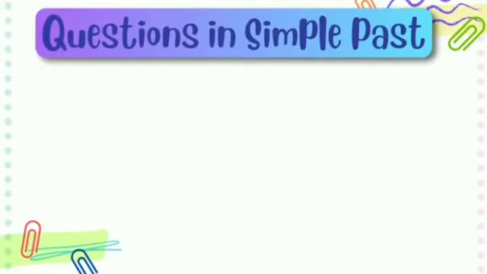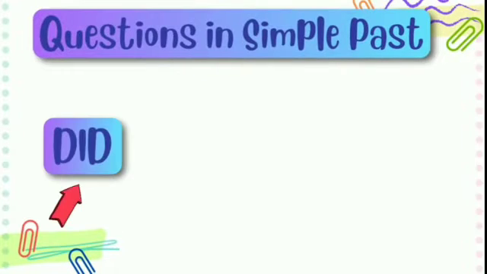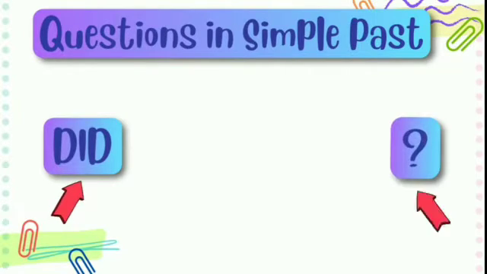Now let's jump into the questions of simple past tense. When we want to make a simple past tense question, we have to use a special word. That word is did. You already know it. We have to put did at the beginning of the sentence. Then, at the end, we put a question mark.